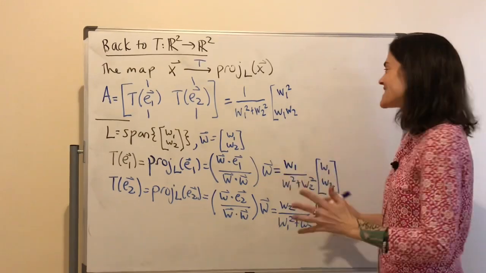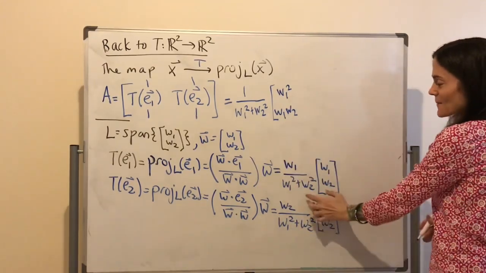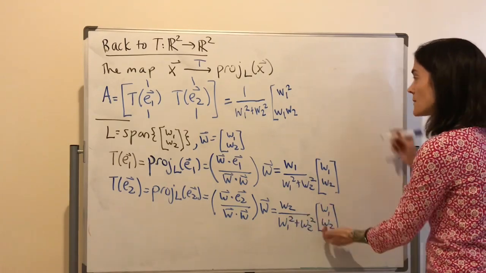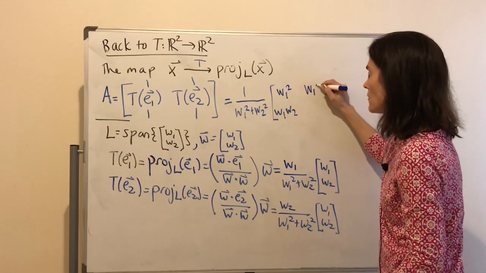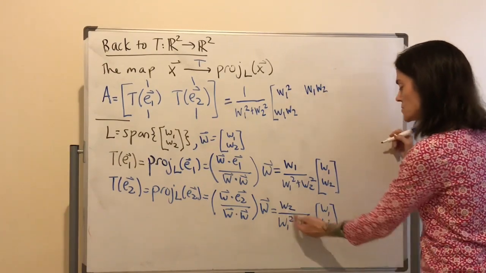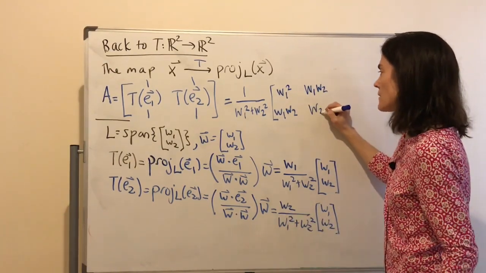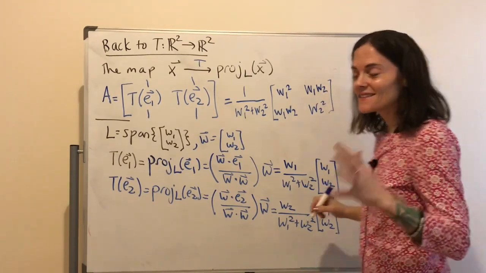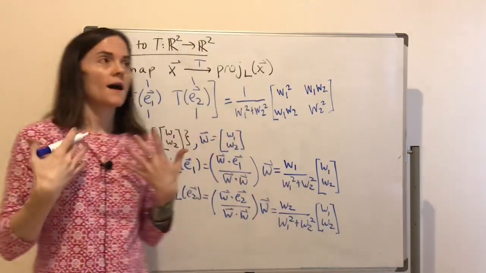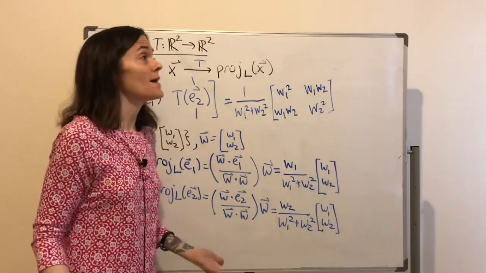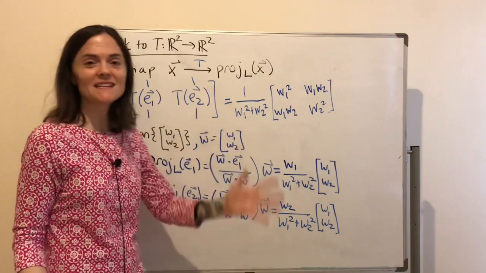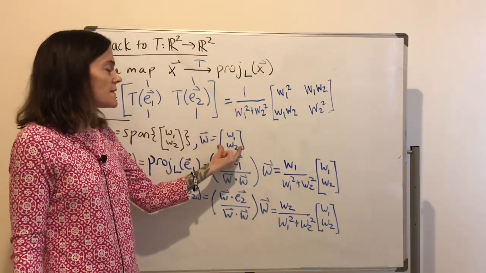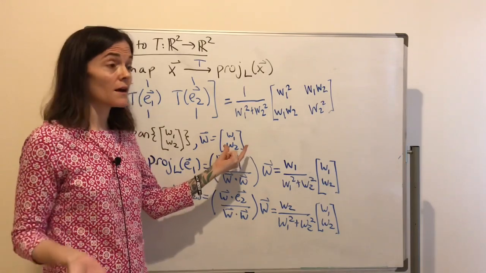I just had to erase that part. There's my first column. My second column, you notice the entry is W1, W2, and the 2, 2 entry is W2 squared. This is my matrix that corresponds to this linear transformation of projecting along a line, and is written entirely in terms of this non-zero vector along the line.